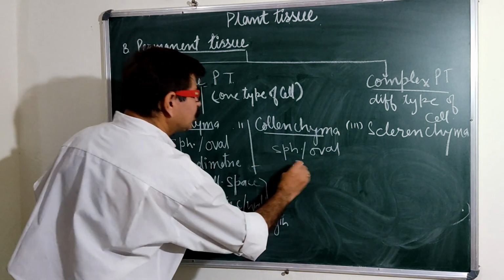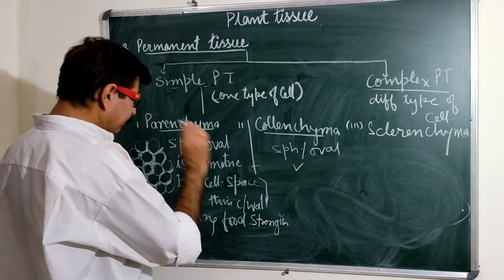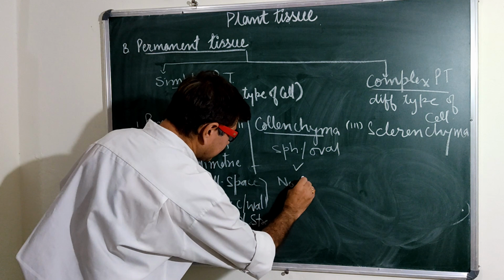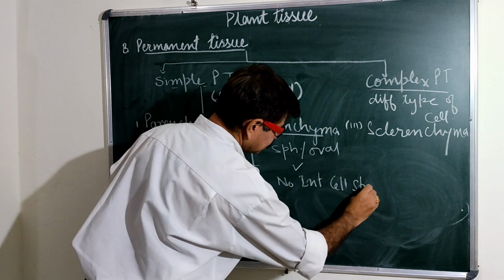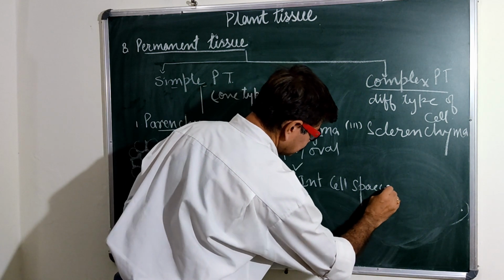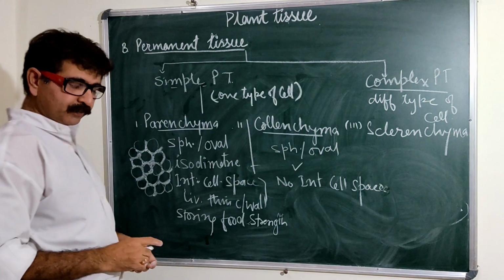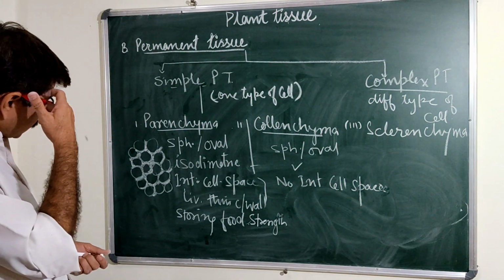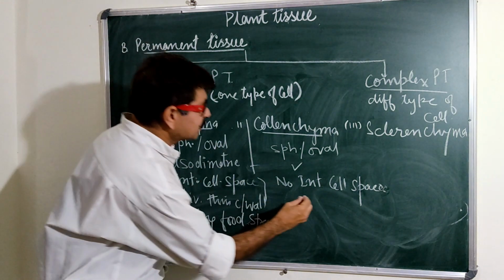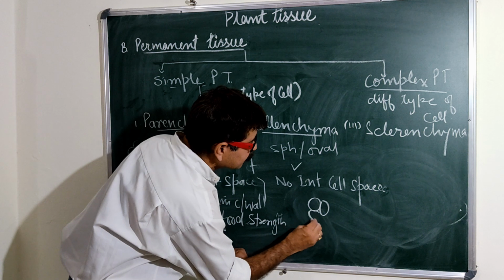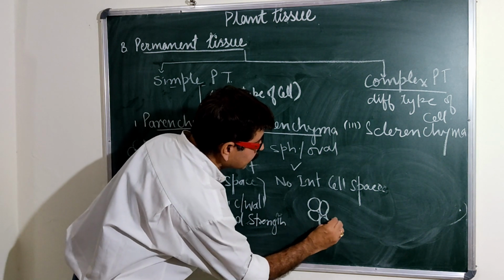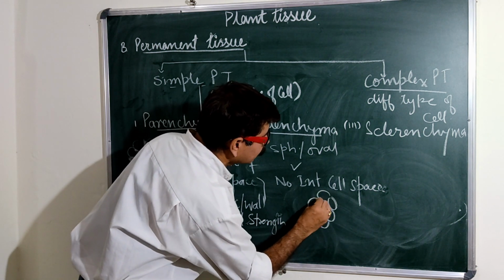Yes, can be isodiametric, but no intercellular space. The corners have the thickening. There is no space between the cells, and the other thing is that there is thickening. The corners of the cells are thickened.